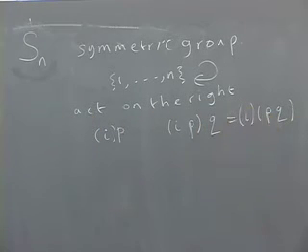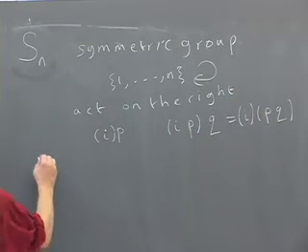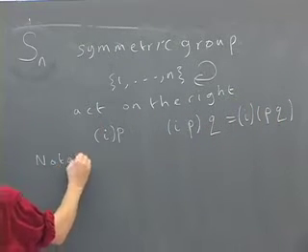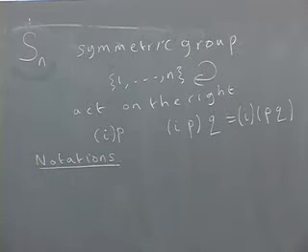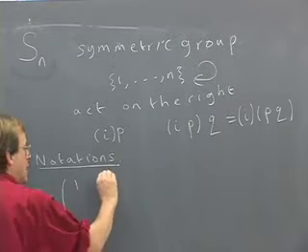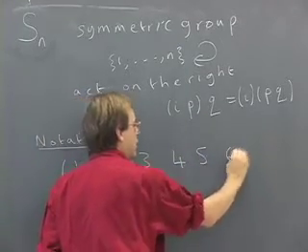What else should I remind you about? So then there are two notations for permutations, or elements of the symmetric group. The first is simply to give a list of where all the elements go.